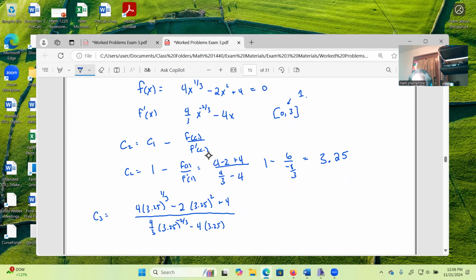Okay, let's see if we go through and do all of this. If I go through my top one here, it goes C1, C2 minus this thing. So 3.25 minus all of these pieces. All right, so let's see. I got 3.25 minus, and then what did we end up with on the top?